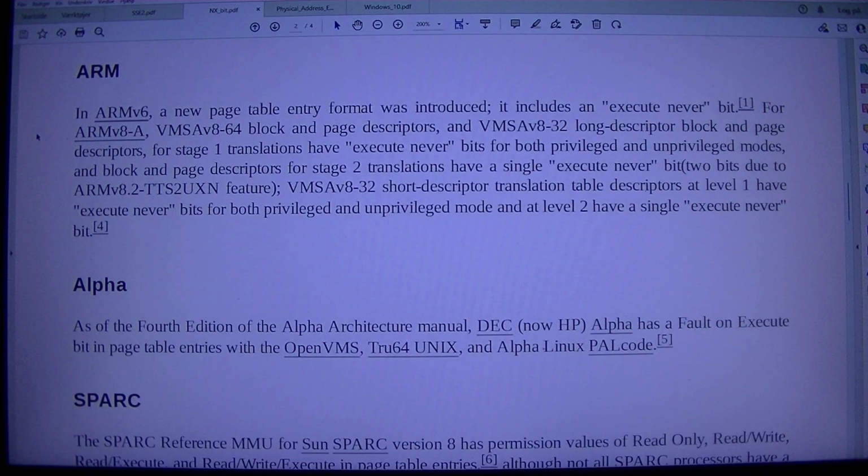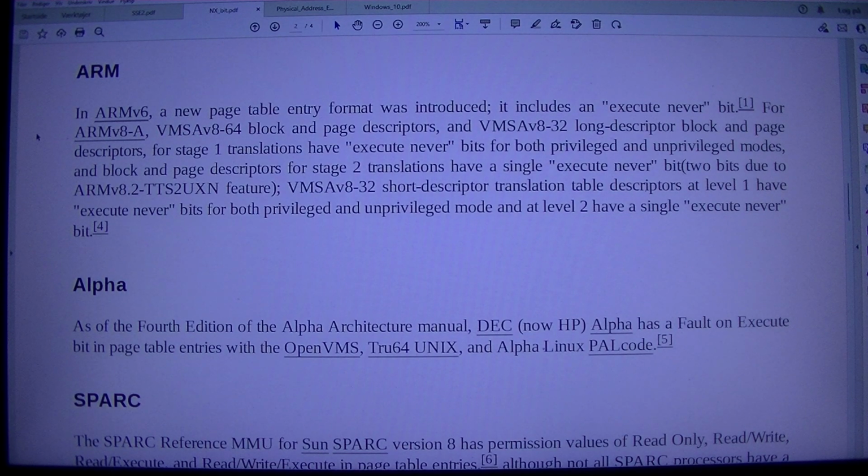ARM. In ARMv6, a new page table entry format was introduced. It includes an execute never bit. For ARMv8, VMSAv8-64 block and page descriptors, and VMSAv8-32 long descriptor block and page descriptors for Stage 1 translations have execute never bits for both privileged and unprivileged modes, and block and page descriptors for Stage 2 translations have a single execute never bit, 2 bits due to the ARMv8.2 TTS2UXN feature.